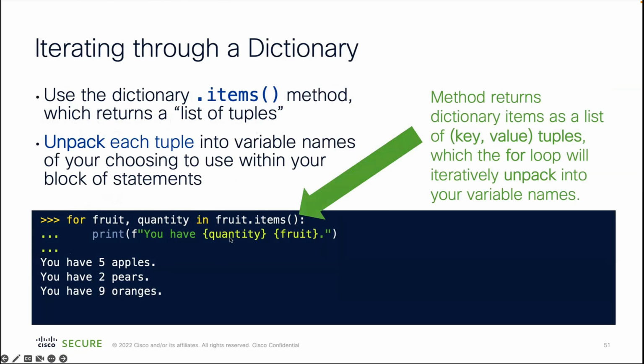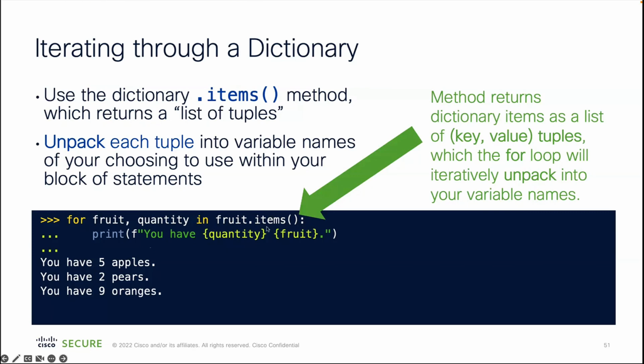The dictionary contains key value pairs where the key is the fruit and the value is the quantity of that fruit. And so to be able to assign, for each key value pair, the values to separate variables and work with them within the loop, this is the logic we would use, right?